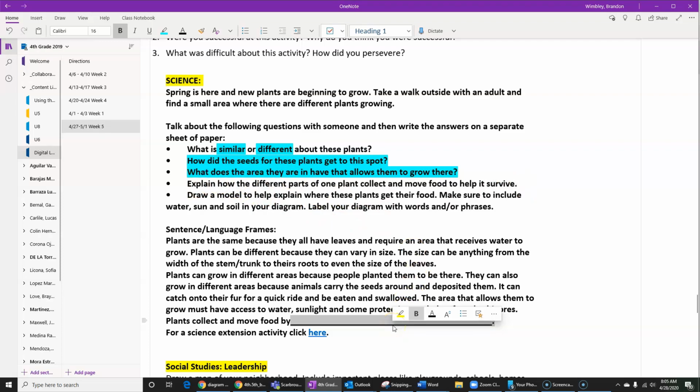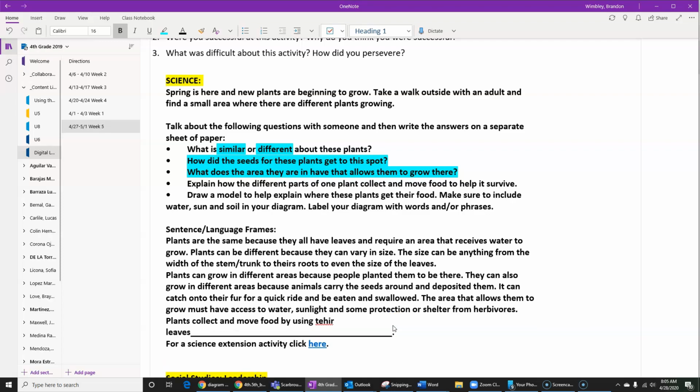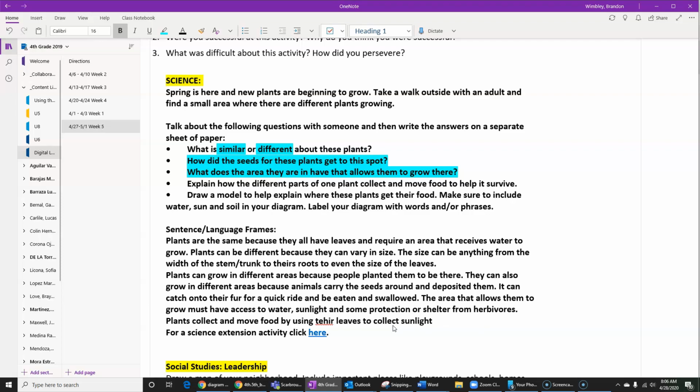So how do they collect it? Well, they collect it by using their leaves. So those leaves, remember that's a process called photosynthesis. And what do they collect? To collect sunlight.